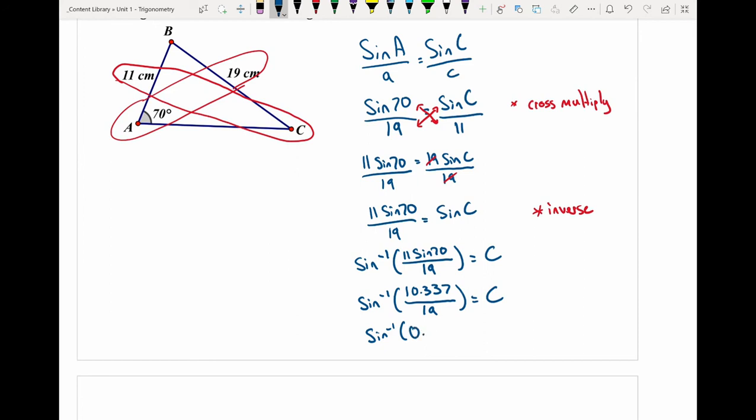So 10.37 divided by 19 equals 0.544. Again, remember, try to keep a few decimal places. You don't want to round it too soon or too short, and that way your angle may be off by a few degrees. Then, once we do the inverse of sine, we should get roughly 33 degrees is that angle.